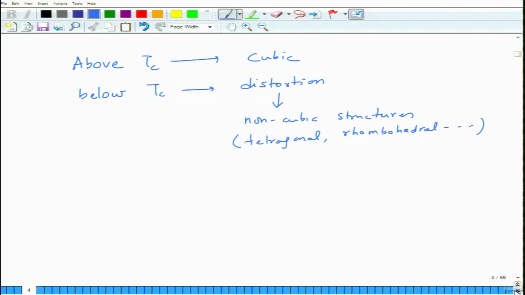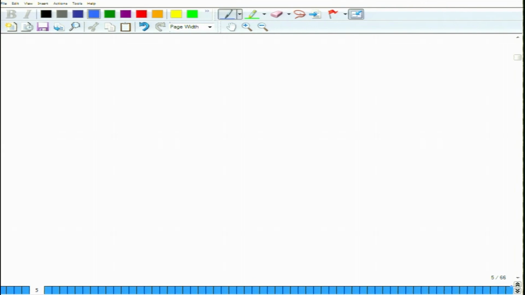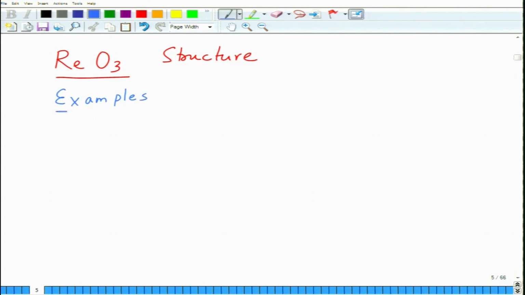So, this is the perovskite structure. Now, next in this series is called the ReO3 structure. Now, ReO3 is the parent compound. Other compounds which follow this structure, for example, oxides such as WO3 and MoO3, tend to follow this.